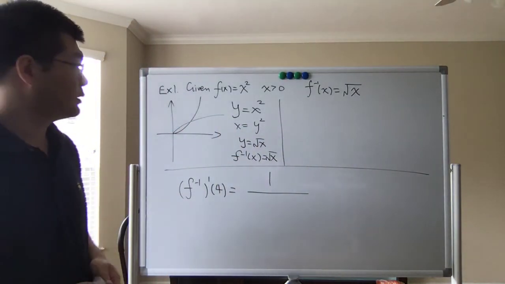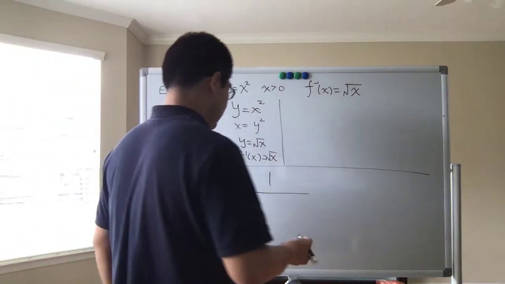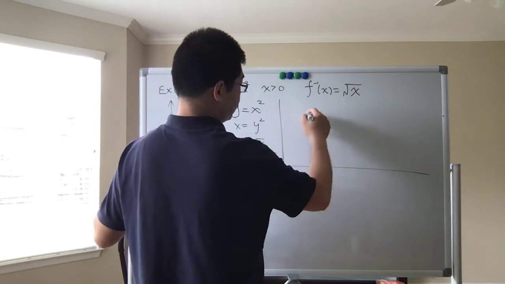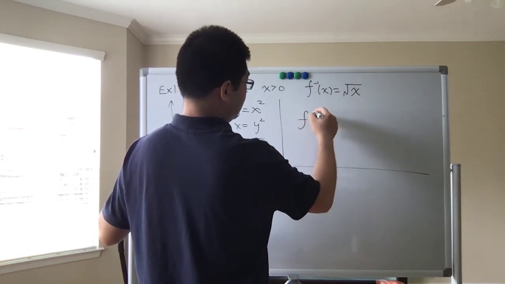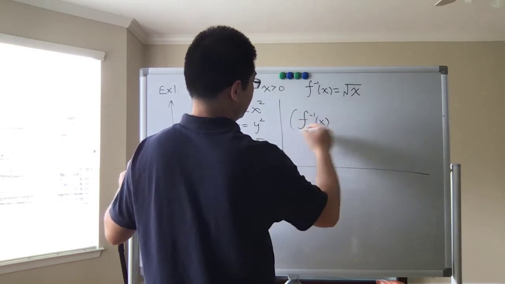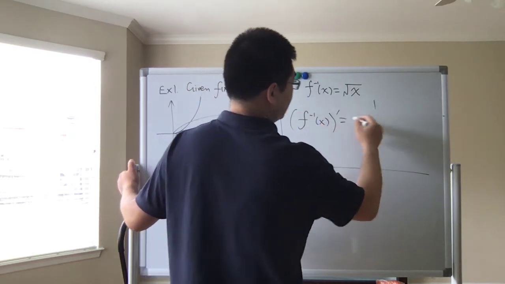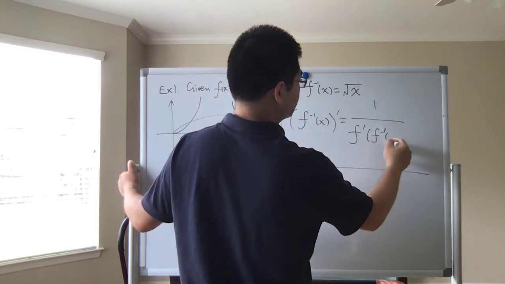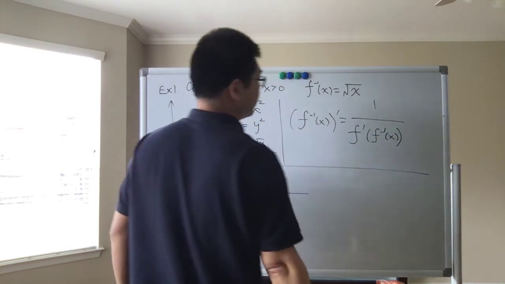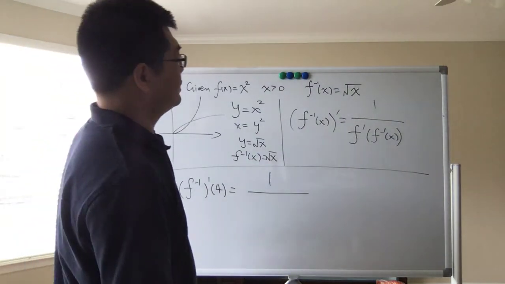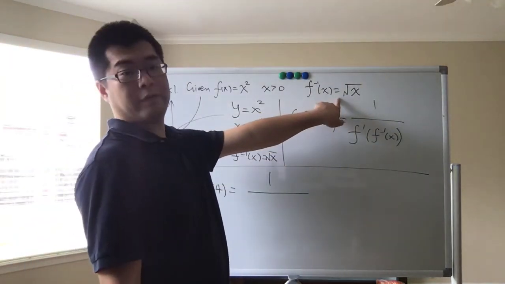And we know that. But now let's try to verify the derivative rule for f inverse. So first, the derivative of f inverse equals 1 over f prime evaluated at f inverse. First of all, guys, let's actually calculate the derivative of f inverse.